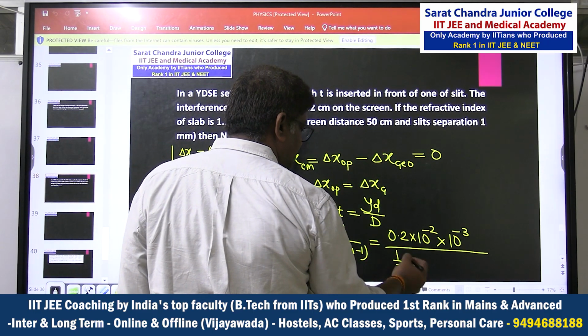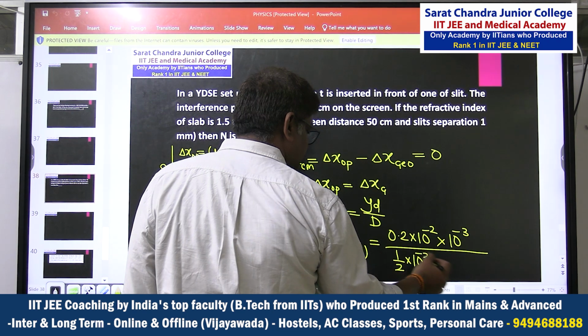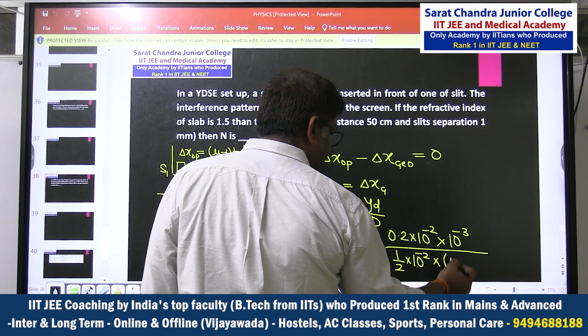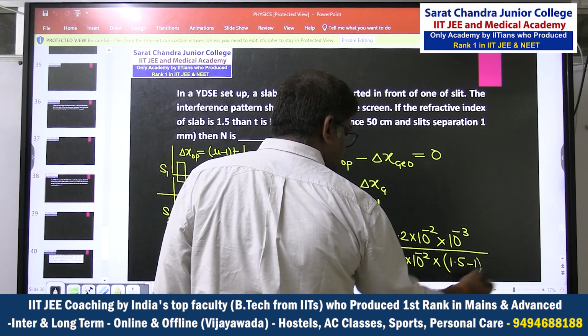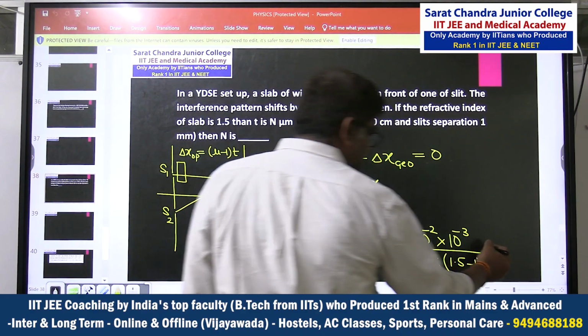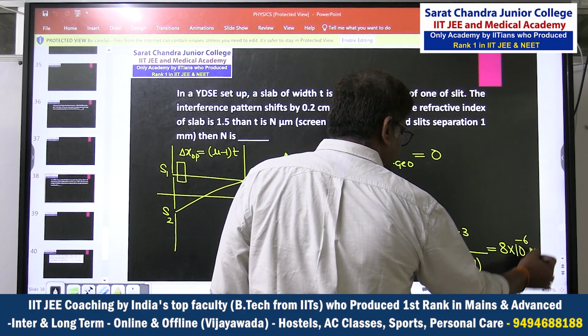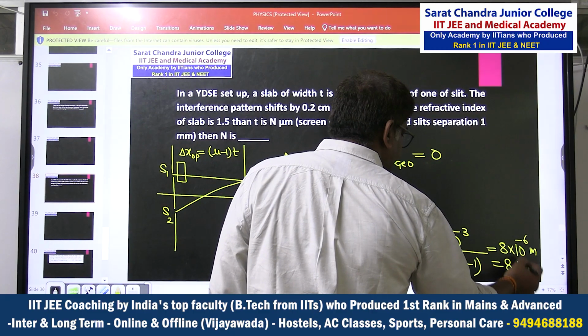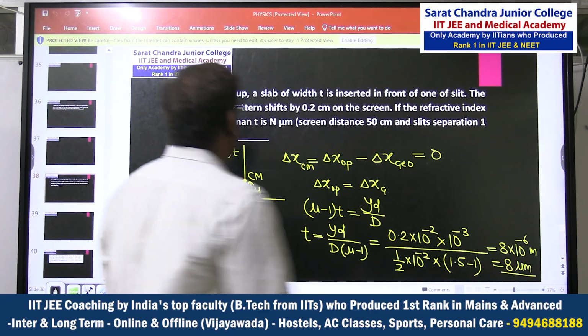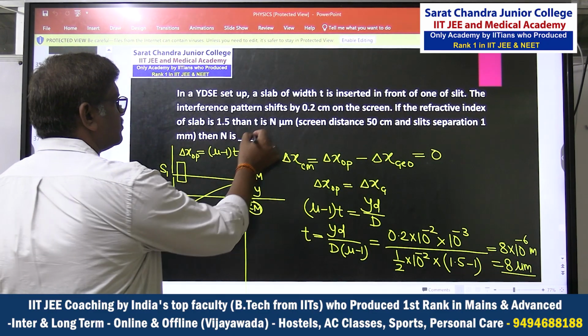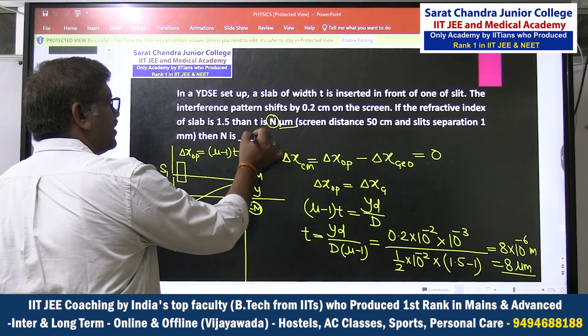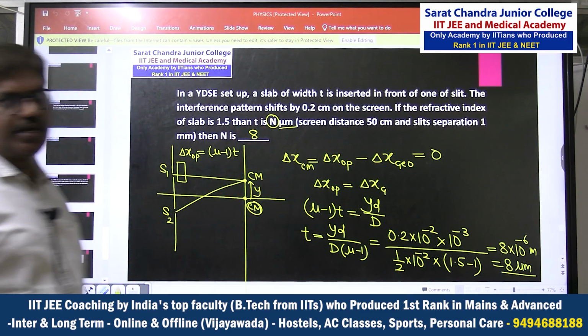That means 1 by 2 centimeter, 10 to the power minus 2, into mu minus 1, that is 1.5 minus 1. So here clearly you can say that it is coming 8 into 10 to the power minus 6 meter, which is 8 micrometer. So this is micrometer. You have to find out the value of n, which becomes 8. All right.